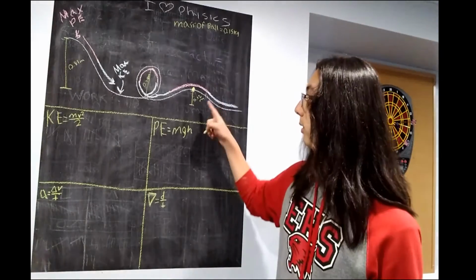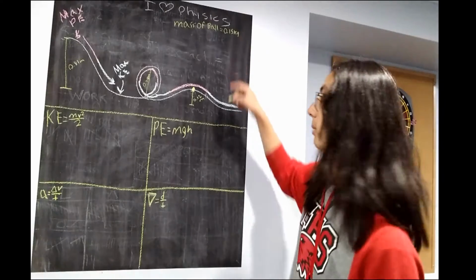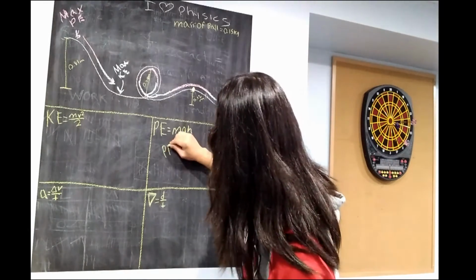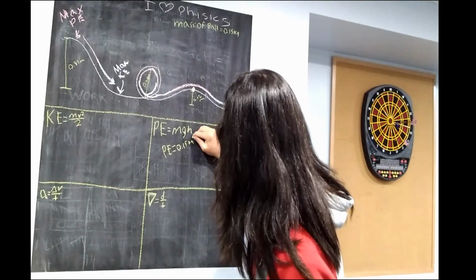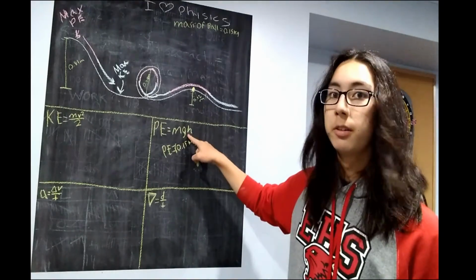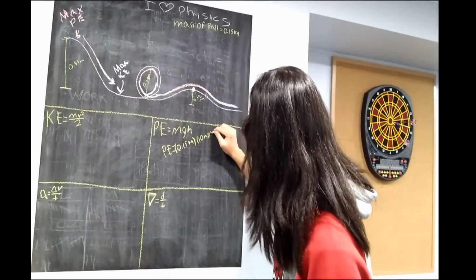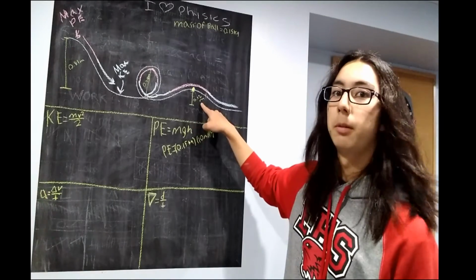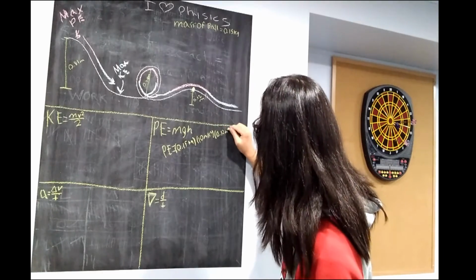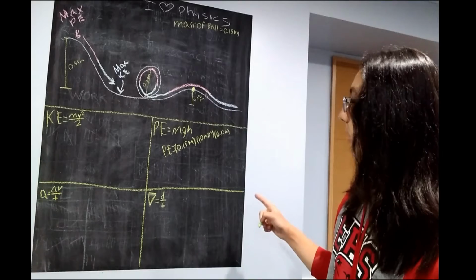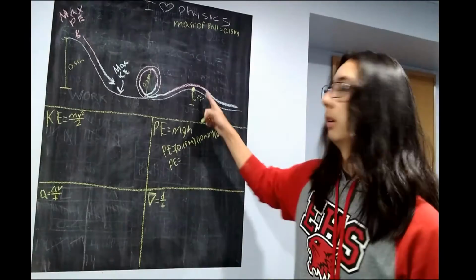So the potential energy at this point, since the mass of the ball is 0.15 kilograms, potential energy equals 0.15 kilograms times the acceleration due to gravity, which is 10 meters per second squared, and times the height, which we said already was 0.12 meters, and all of that multiplied together gets you the potential energy of the point.